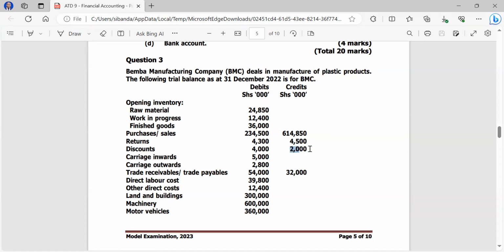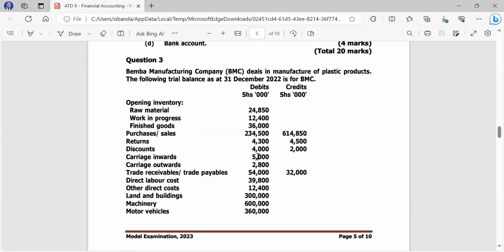So I would expect that this 2,000 is the discount received because incomes have a normal credit balance. Well, the 4,000 is the discount expense, which is a discount allowed. When we allow our customers a discount, there is a discount allowed. When we receive discounts from our suppliers, that's a discount received.